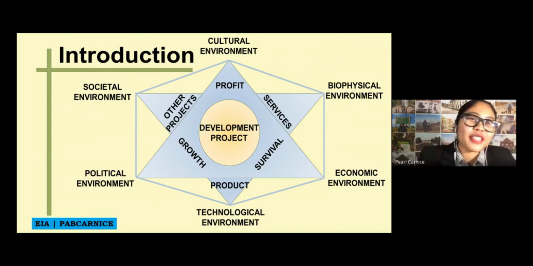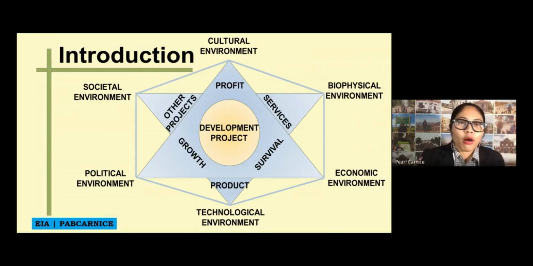Okay, so this is the interlocking of development and environment. As you can see, the development project is in the middle, and as I said earlier, in every project, in every development, in every progress, in one way or another, our environment is always affected, may it be positive or negative. Also, as part of that development project, of course, we need growth, for survival, for profit, as a product, for better services, and for other projects.